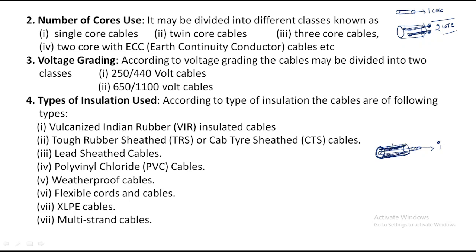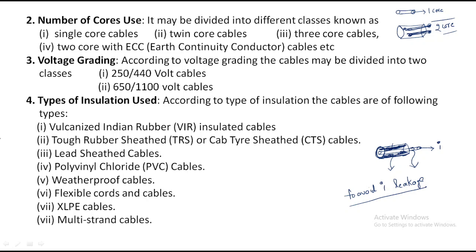What is the requirement of insulation? To avoid current leakage. Without insulation around the conductor, what happens? If we touch it, the current will enter our body and we will get a shock. To avoid current leakage, insulation is important.